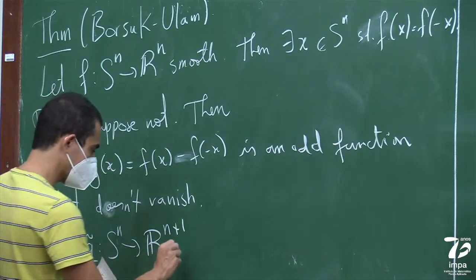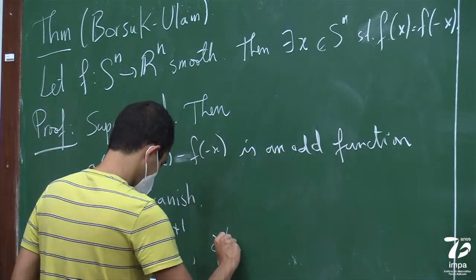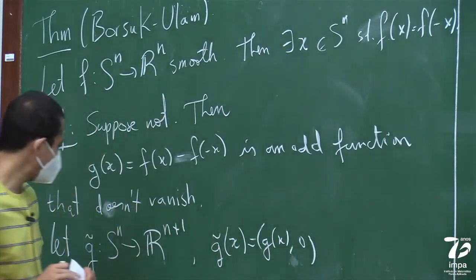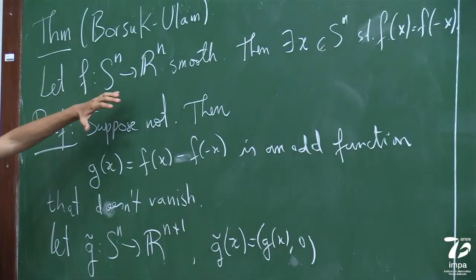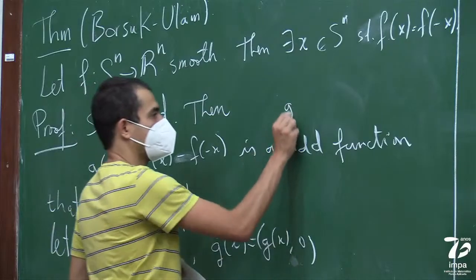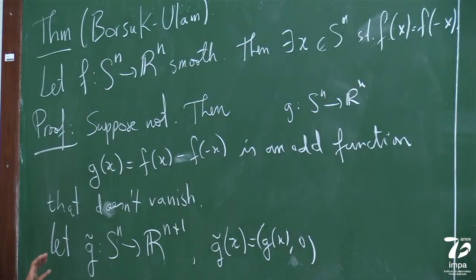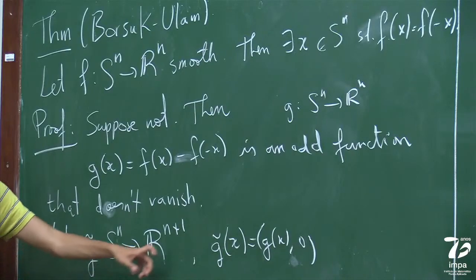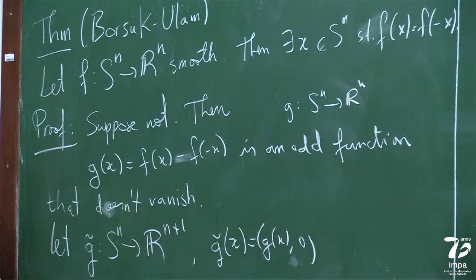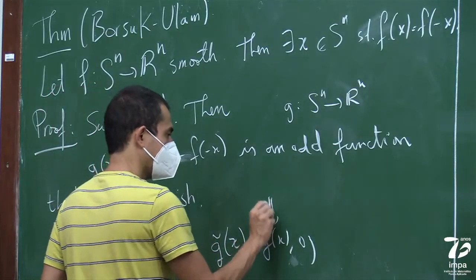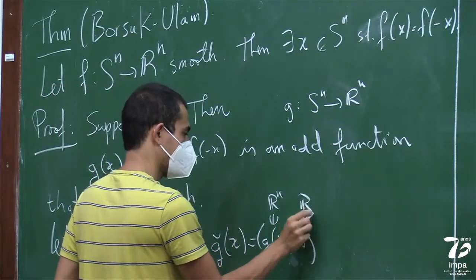So g tilde of x is going to be g of x, 0. g is a function from Sn to Rn, but I'm just going to put this into one more dimension, embedding Rn into Rn plus 1 in the normal way, as the 0 hyperplane. So this is in Rn, and this is the 0 in R.